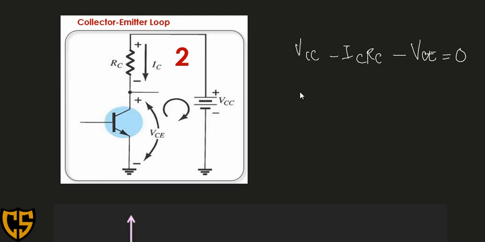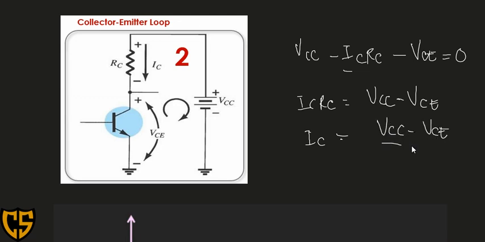If we are going to find the value of IC, we have IC RC is equal to VCC minus VCE. Then the value of our collector current IC will be VCC minus VCE all over RC. So we have that formula for our output loop.